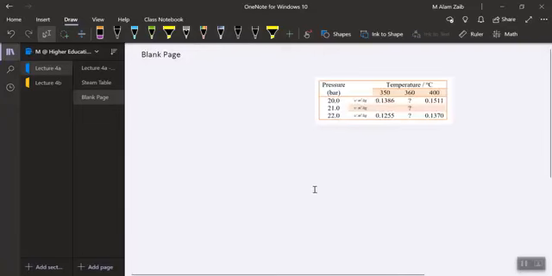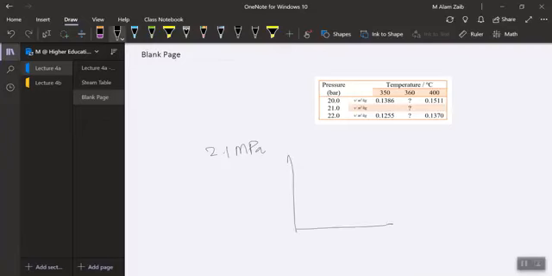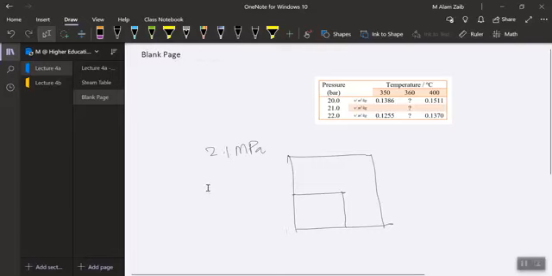At 21 bar, or 2.1 megapascal, let me find it. At 21 bar I do not have anything over here. Well, let's check it in the other direction.